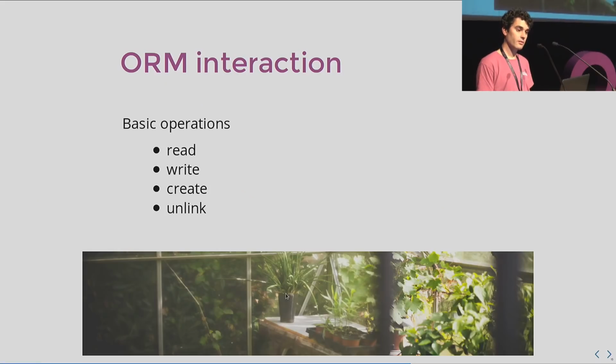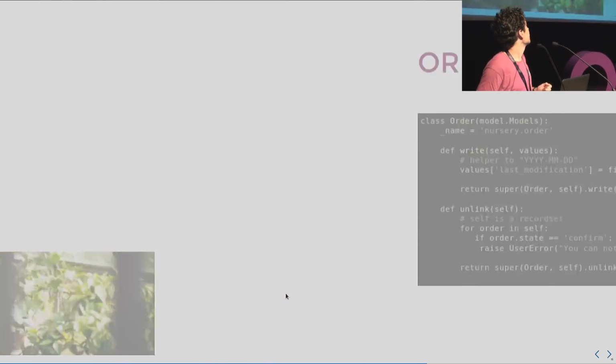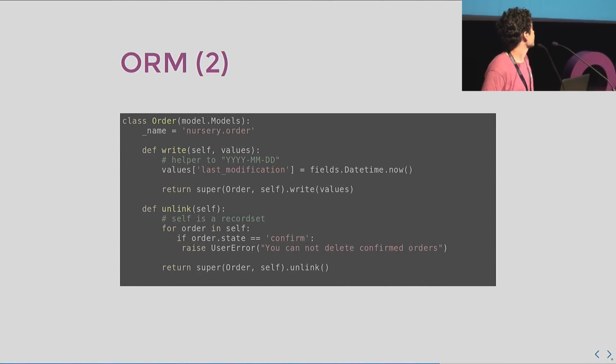What we will want to do is modify the behavior of these basic methods to add some more business logic. Here, I gave an example where we modify the behavior of the write method when you modify a record, and the unlink when you try to delete it.